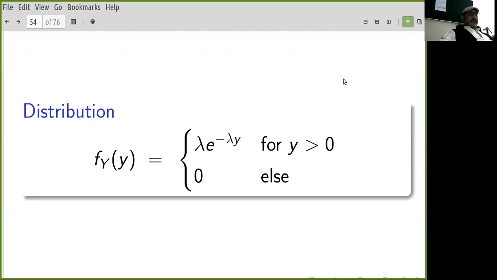And then in this PDF, f sub y of y, that will be lambda e to the negative lambda y for y greater than 0. And it'll be 0 otherwise. Yeah, you don't have minus 3 seconds between power failures. Okay.